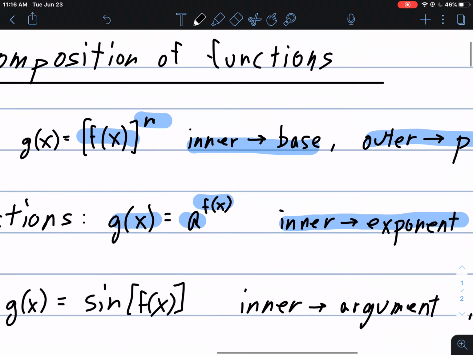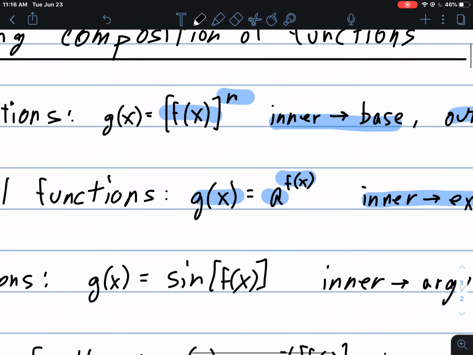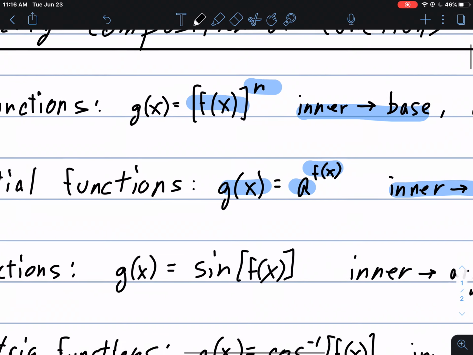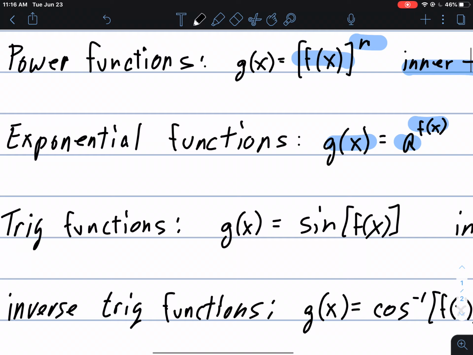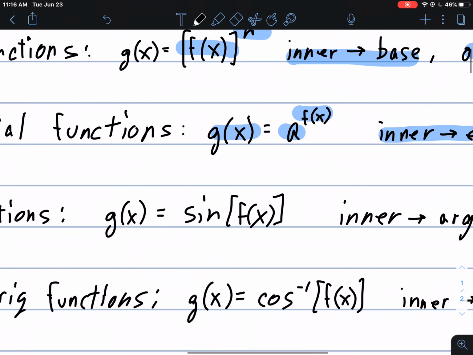Now, we've talked about exponential functions a little bit. We're going to talk about them here again in this section, in terms of how do I differentiate an exponential function. Here are our trig functions. If I have a function g of x that is a trig function, the trig function is your outer function, your inner function is your argument.